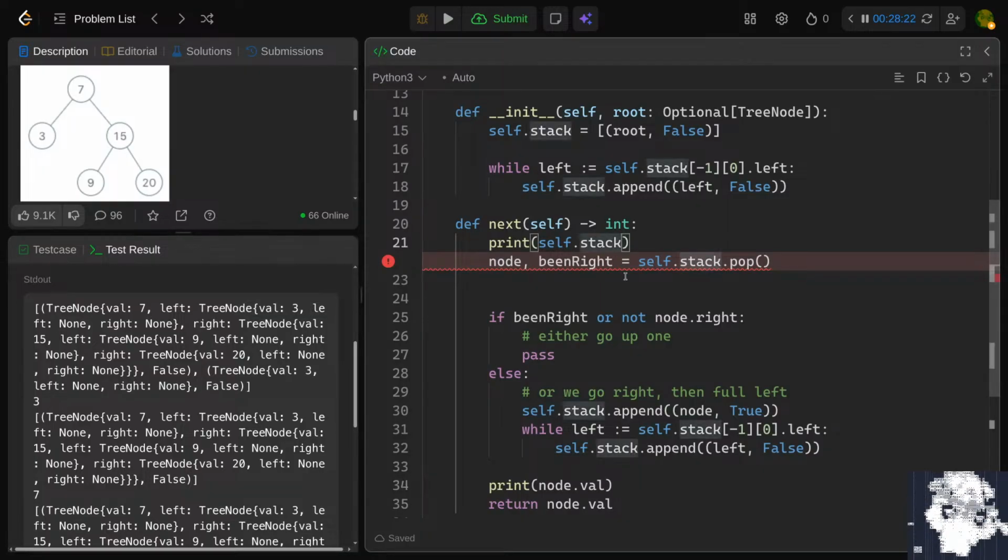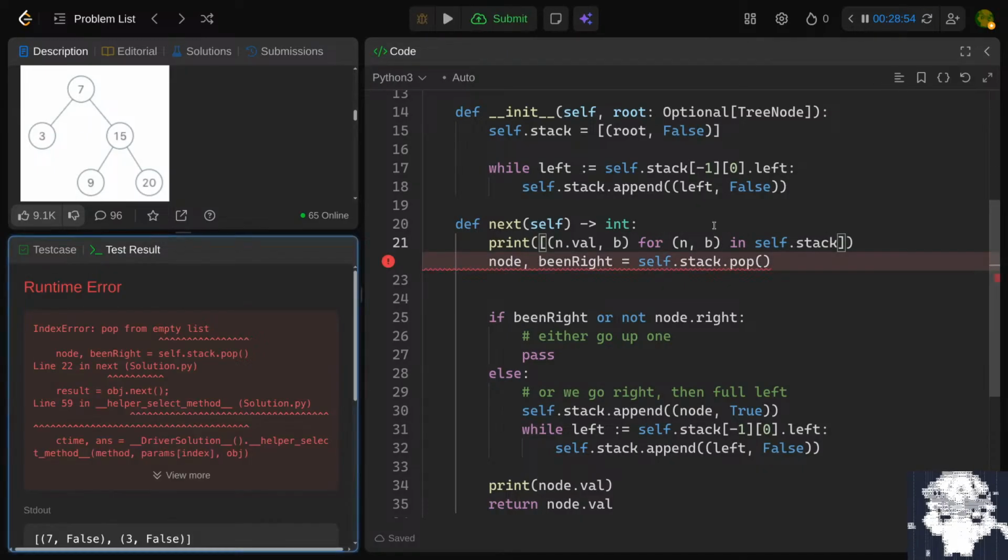So the stack is also hard to read. Let me print n.val and then the Boolean thing for nb in stack.